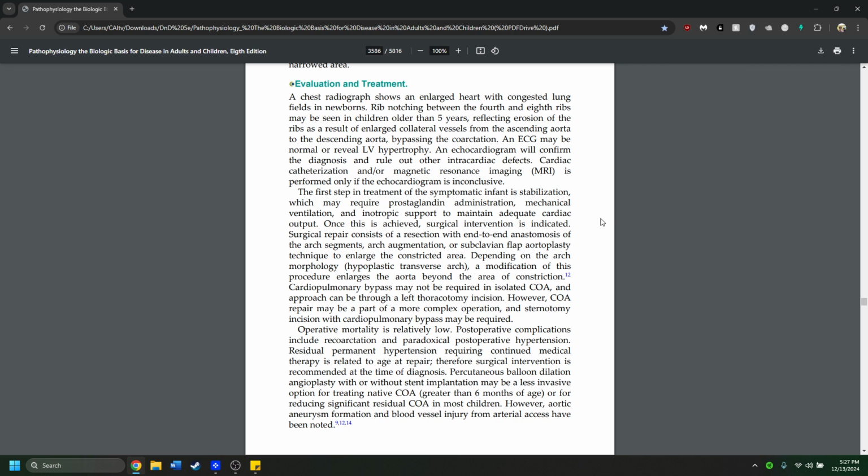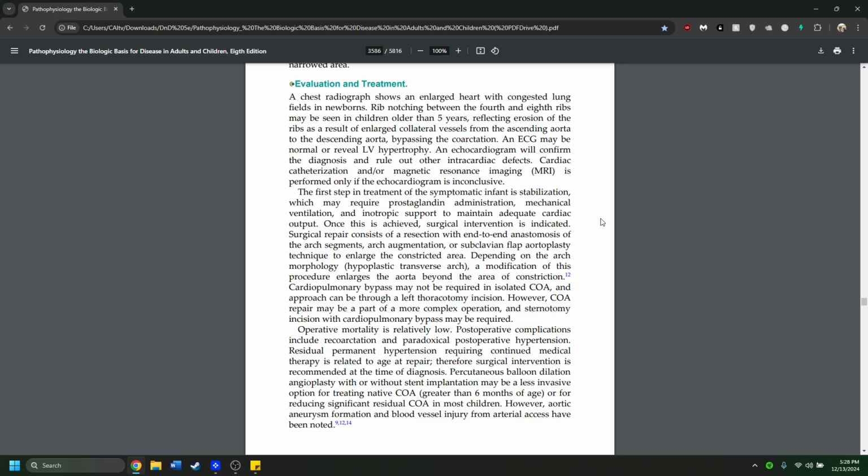The first step in treatment of the symptomatic infant is stabilization, which may require prostaglandin administration, mechanical ventilation, and inotropic support to maintain adequate cardiac output. Once this is achieved, surgical intervention is indicated.